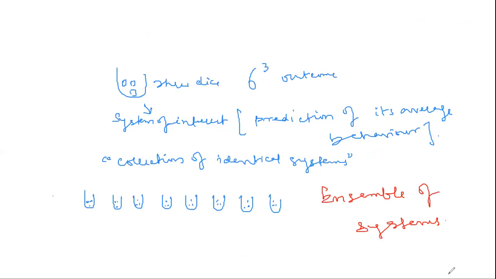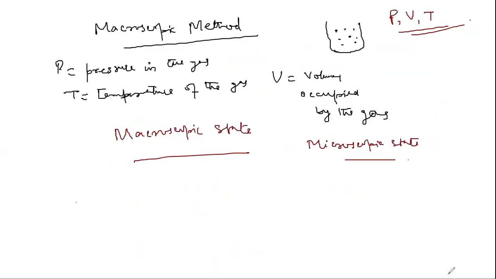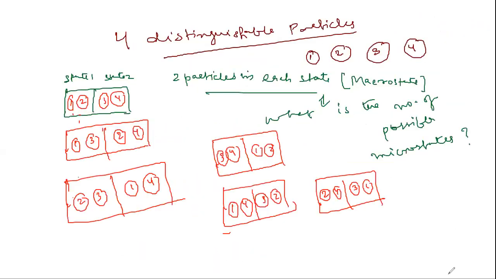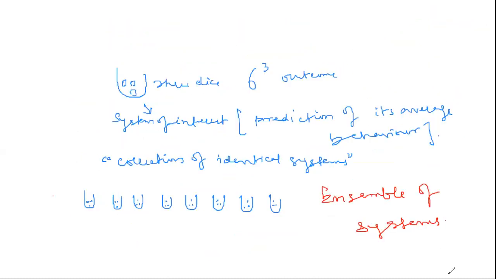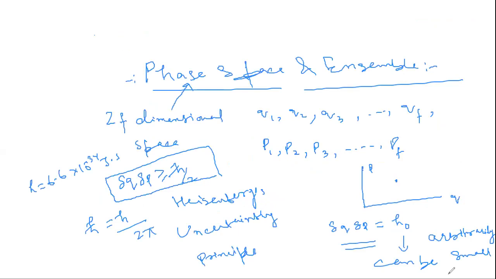Now, let me move again to the phase space. In the phase space, let me go to the first page. In the phase space, we said that each point specifies the state of the system at a particular time. Now, if I have some ensemble of systems and I have to depict their state in the phase space, each system in the ensemble which we are considering will have a representative point in the phase space.